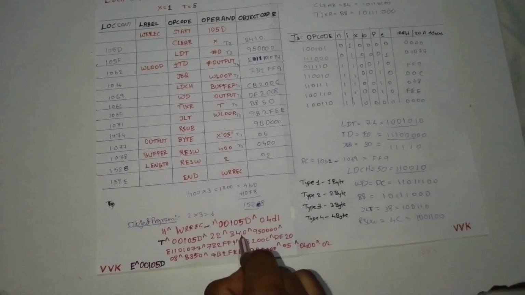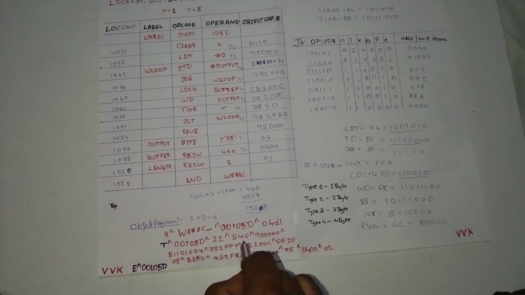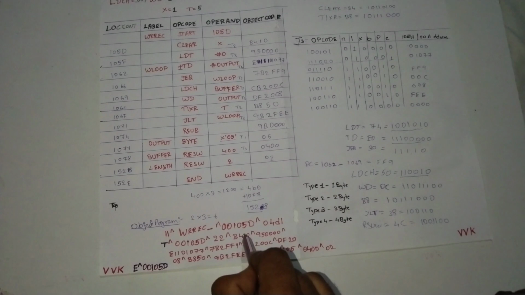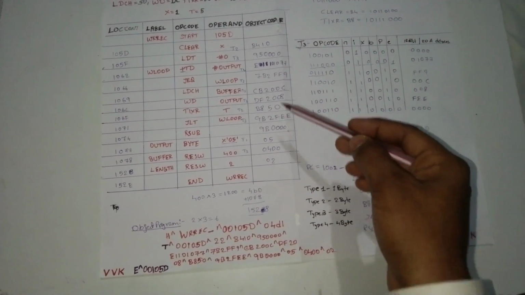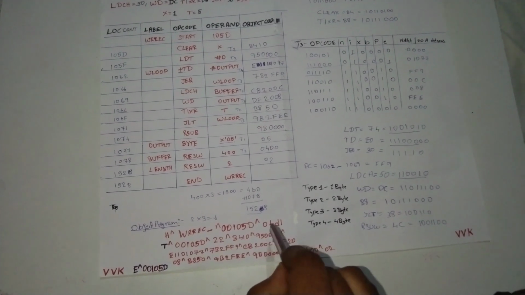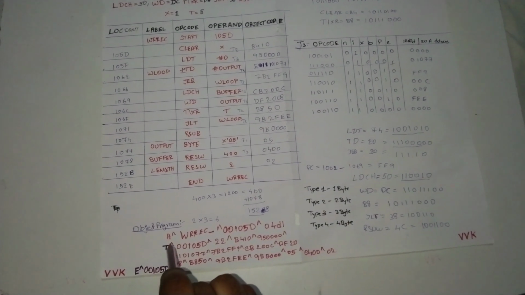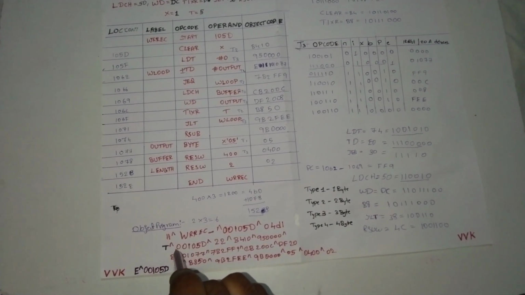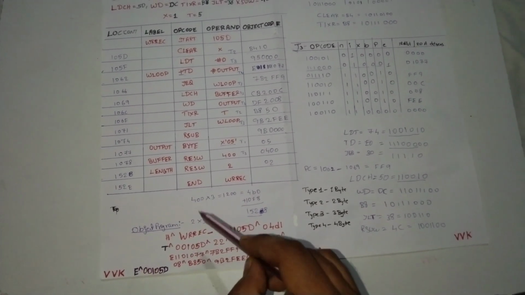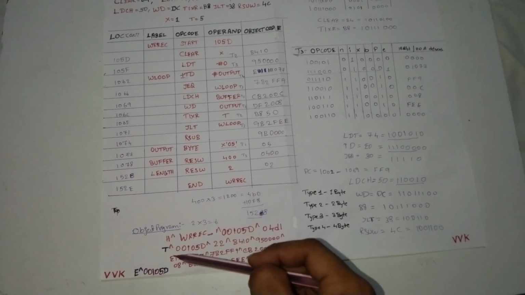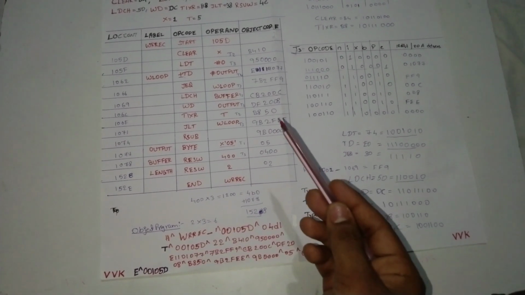And here in the text section we have to write every object code that came and is written here. And in a text record there is a limit of only 69 characters, so it should not exceed 69. If it exceeds, we have to write another text record for the rest of the object codes.